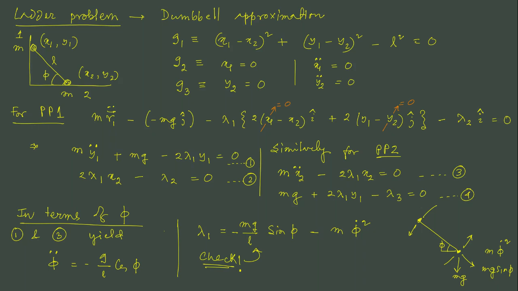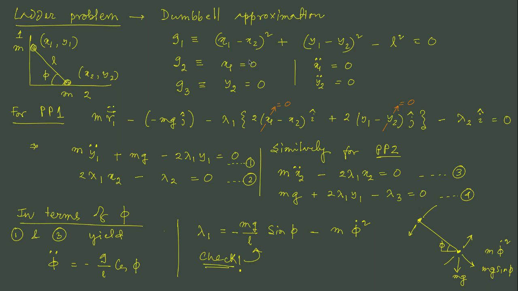So we have 2 point masses, m and m, at 1 and 2 with coordinates x1, y1 and x2, y2. So we write down the constraints. The first constraint is, of course, that the length of the ladder, or the length of the dumbbell, is not changing, which means we have (x1 minus x2) whole square plus (y1 minus y2) whole square minus L square equal to 0.